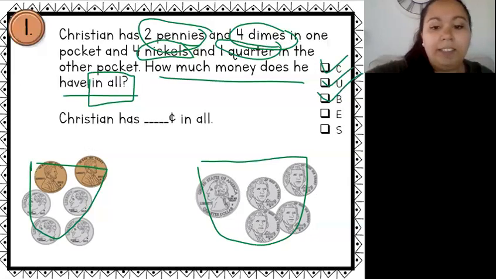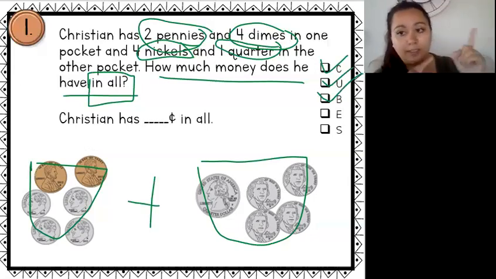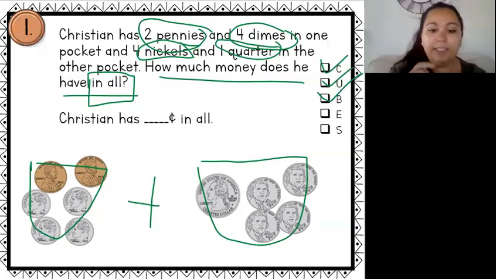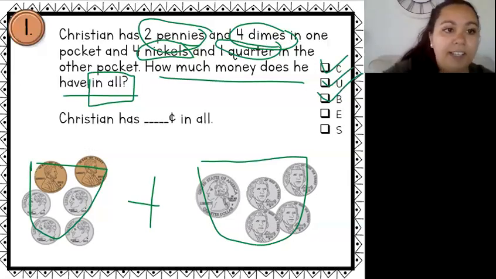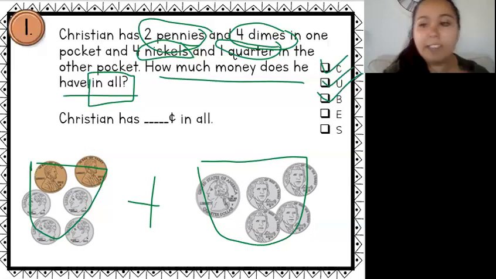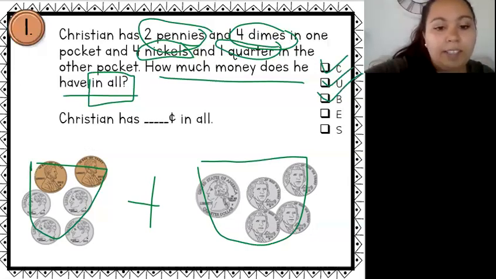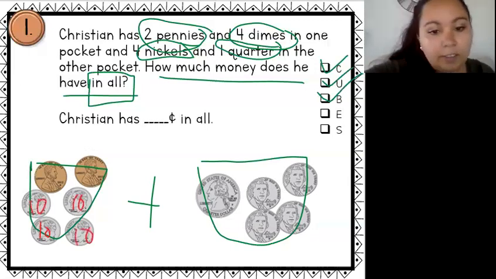So adding these up, we have to find what's in the first pocket and in the second pocket. In the first pocket, let me use a different color. Let's use nice red. I see 10, 10, 10, 10, 4 tens, it's 40, 41, 42.